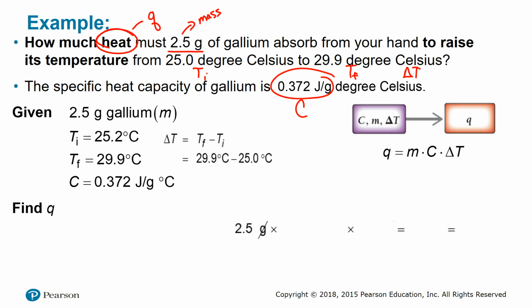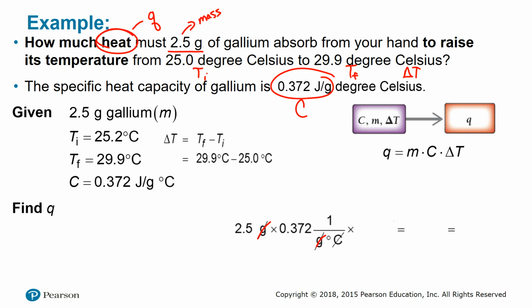I drop my C in there, that's 0.372 joules per gram degree Celsius. Notice that I'm multiplying grams here by grams in the denominator, so that canceled out my grams. Now, delta T will affect sig figs.